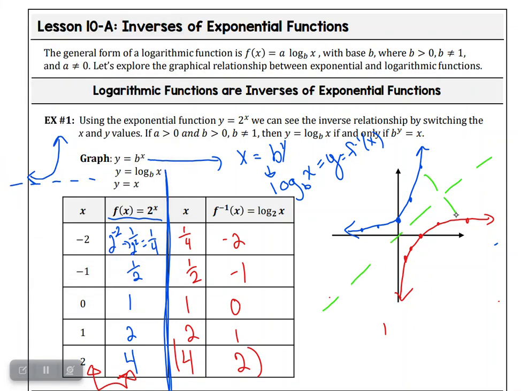We can see that the distances between the graphs are the same because inverse functions have equal distance. Again, a logarithm is an exponent is a logarithm. If I switch the x and the y, I can see how the shapes of those graphs are very similar, just reflected.